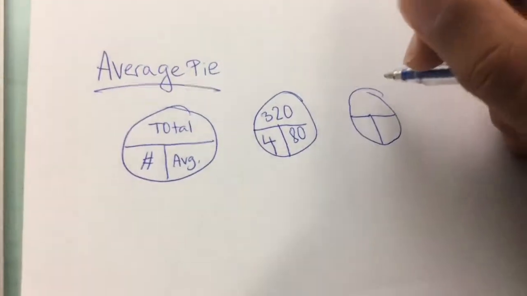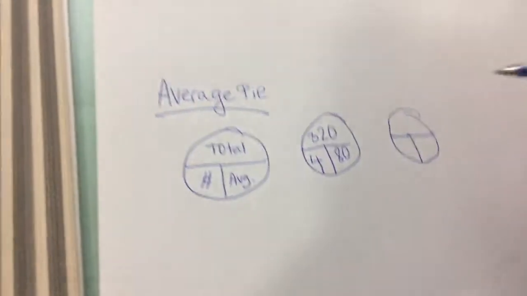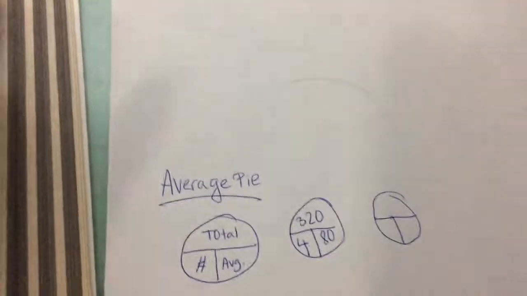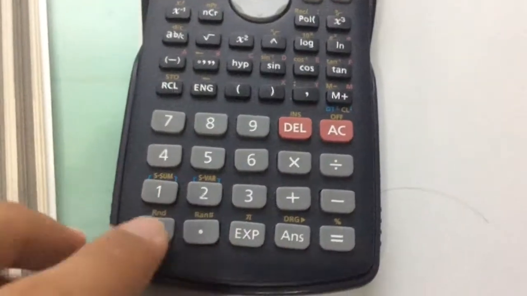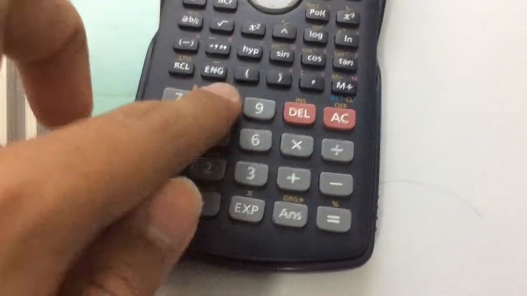So here we need to do, that is very easy, guys. Look, take the calculator. If you have 320, add another 80. No, guys, sorry. If she scores a 90 on her 5th chemistry exam, it must be 320 plus 90.